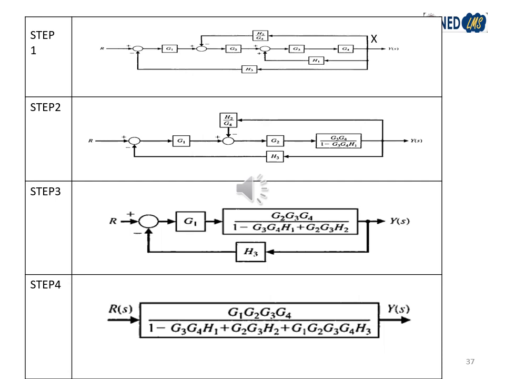And in step 3 we can see that we simply combine the first blocks in series, G1, G2, G3, G4 upon 1 minus G3, G4, H1 plus G2, G3, H2, and then we get a simple canonical form, and we can find the open loop transfer function also here.